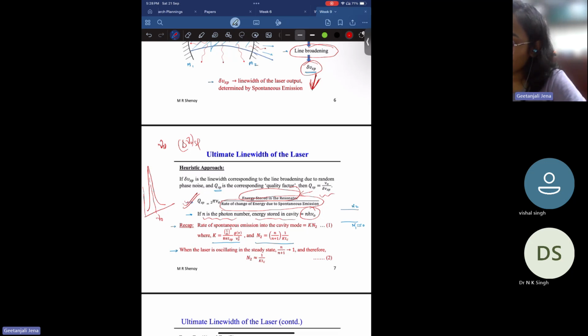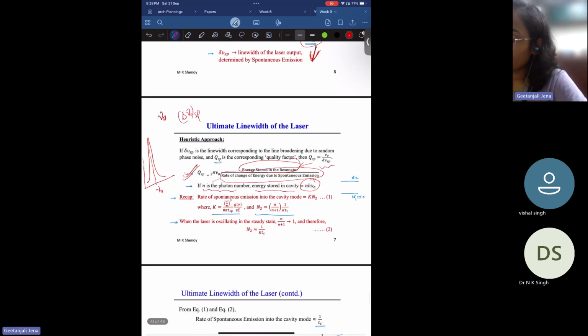So now let us see what is the rate of change of energy due to the spontaneous emission. If you recall, for a system like this, where the lasing is happening between these levels, the rate of spontaneous emission is given by k times N2.